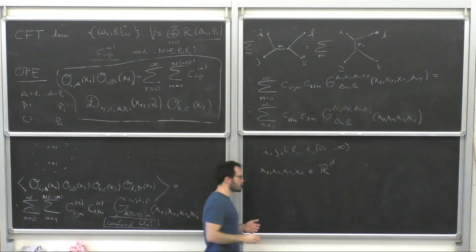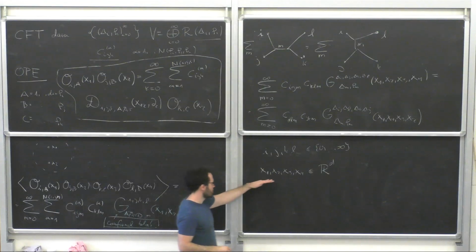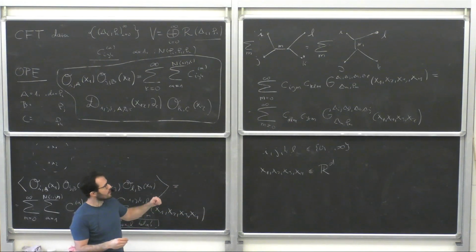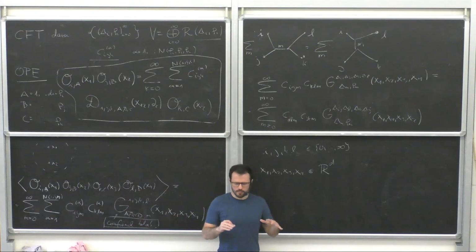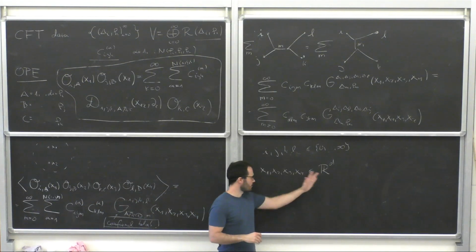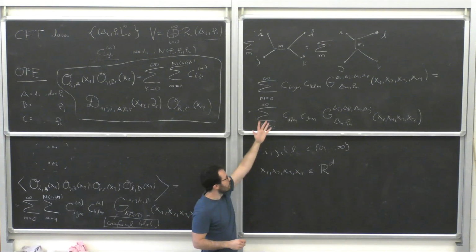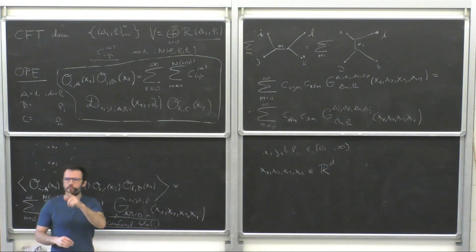As we discussed yesterday during the Q&A, the equation doesn't really hold for arbitrary choice of x1, x2, x3, x4. You need to be careful. You need to make sure that both OPEs converge, but that's just a subset of measure 0 in the space of possible configurations. So for generic values of x1, x2, x3, x4, both sides converge absolutely, and the equation holds. So there was a question, yes?